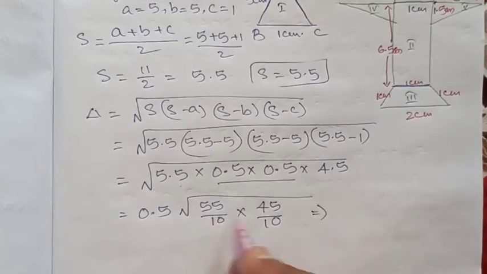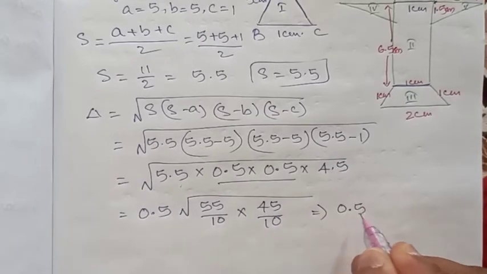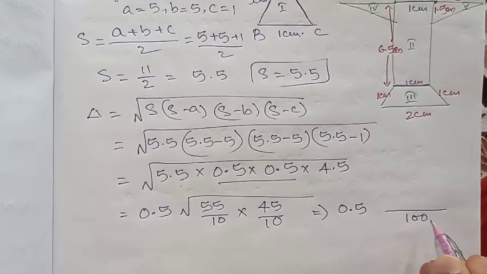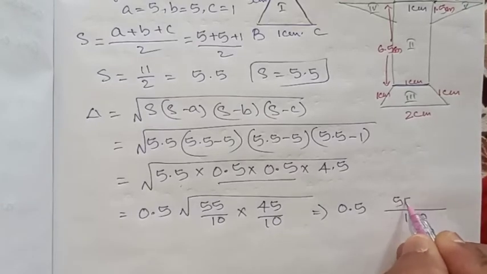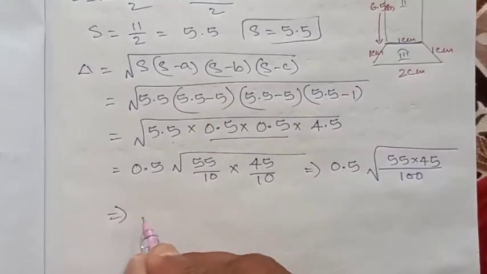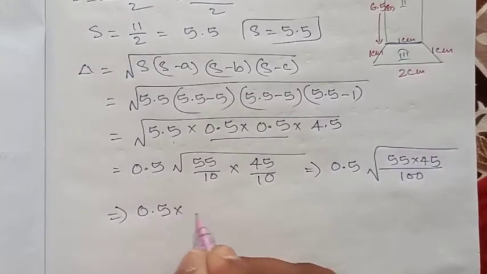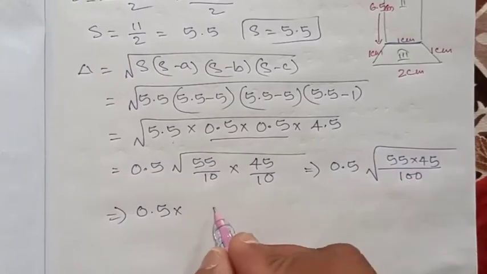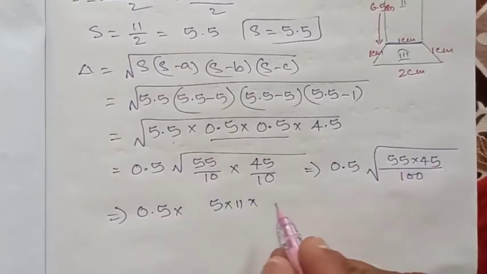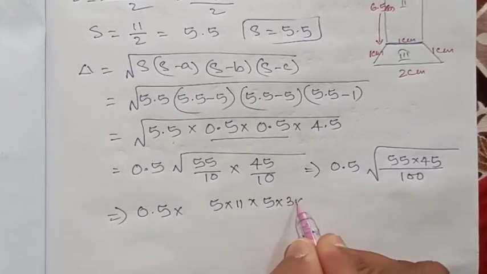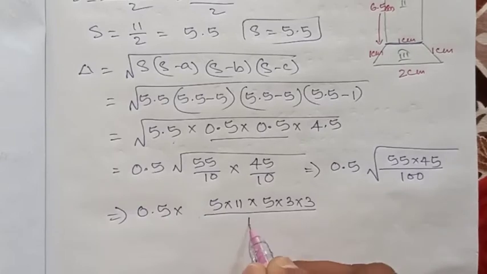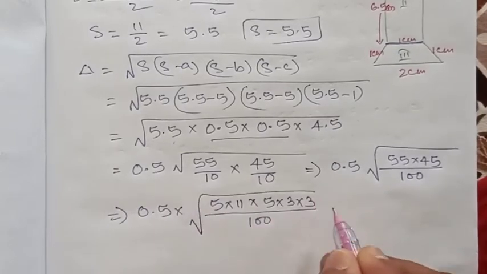Now multiply the numbers. Here we will get 10 tens are 100, so square root of 0.5 into 55 into 45 by 100. From here we will get 0.5 into, factors of 55 are 5 into 11 and factors of 45 are 5 into 3 into 3, divided by 100 under the square root.